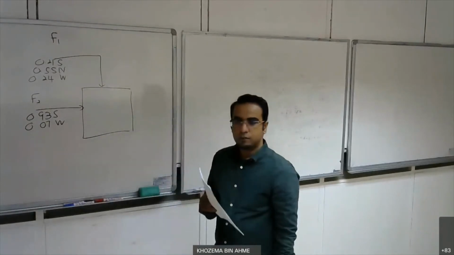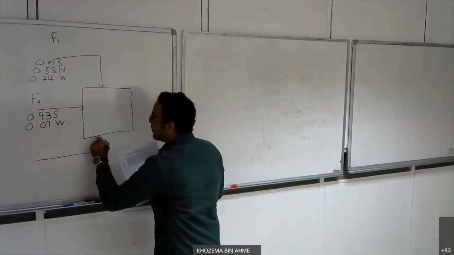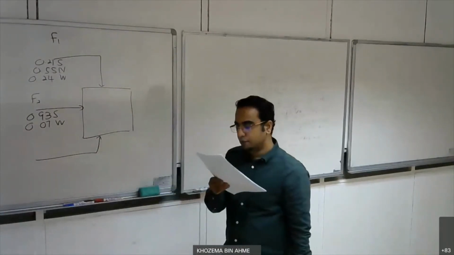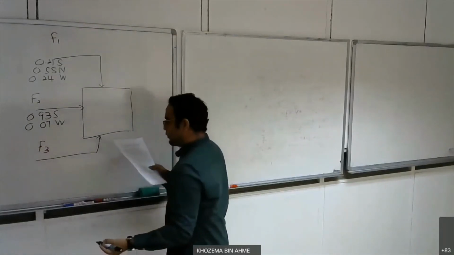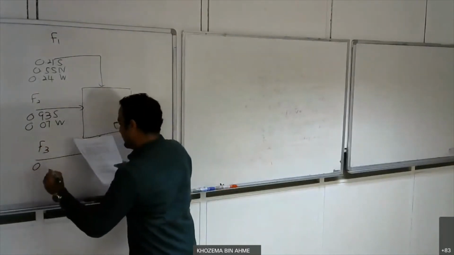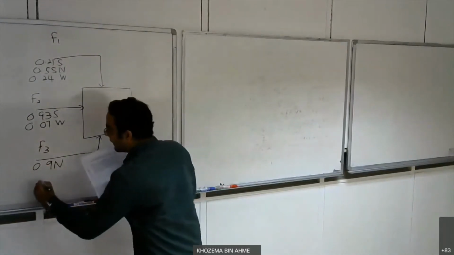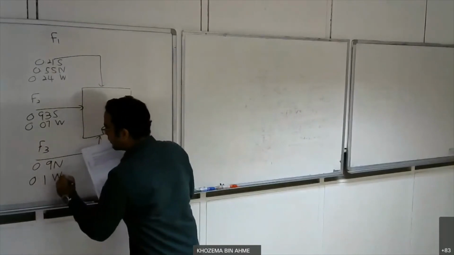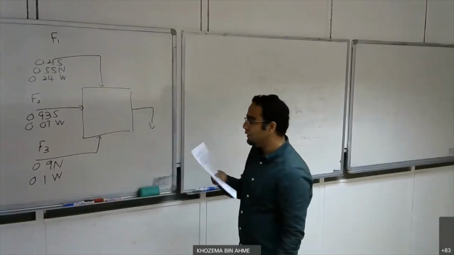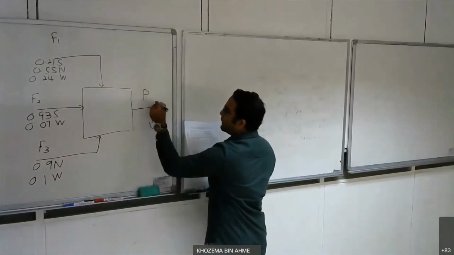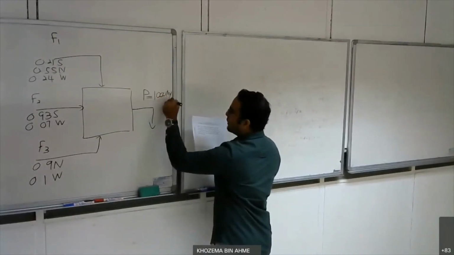That is your stream number 2, and then it's also added with your concentrated nitric acid, which is F3, which has 0.9 nitric acid, and we have 0.1 water, to form a stream with a composition of, this is your P, and we know that it is 1,000 pounds per hour.